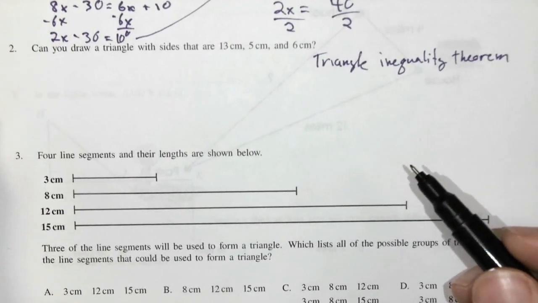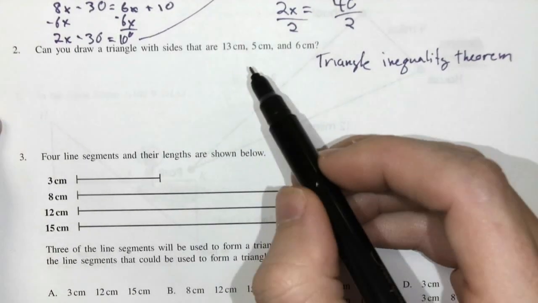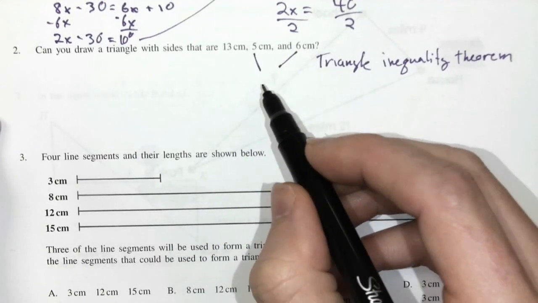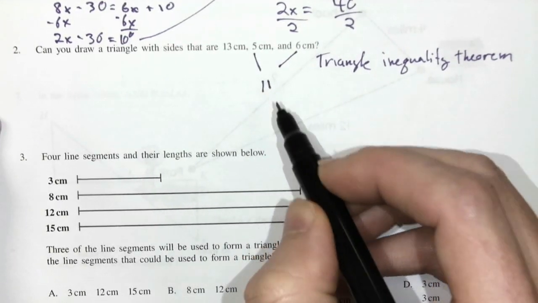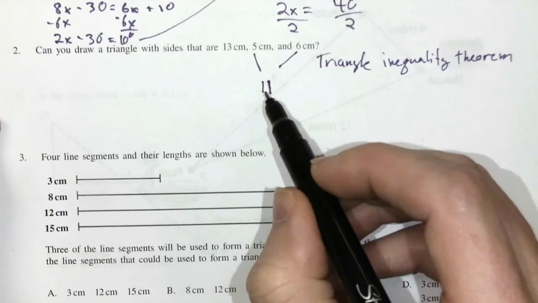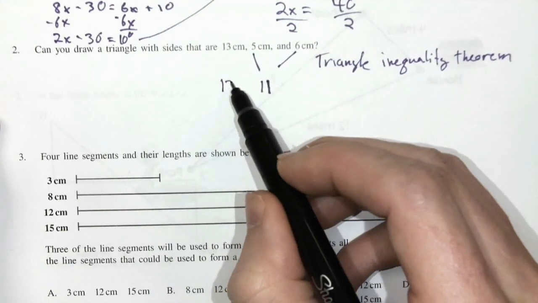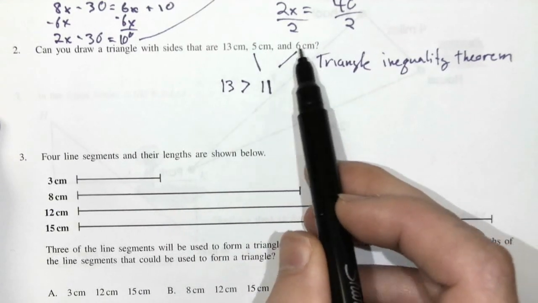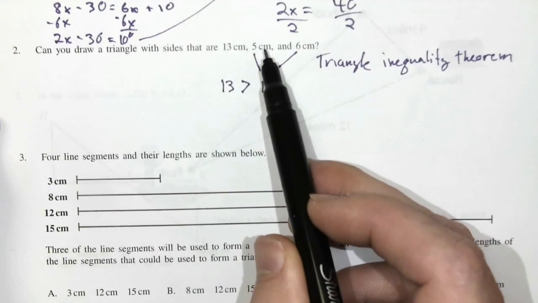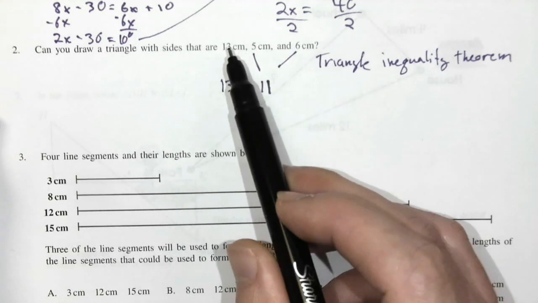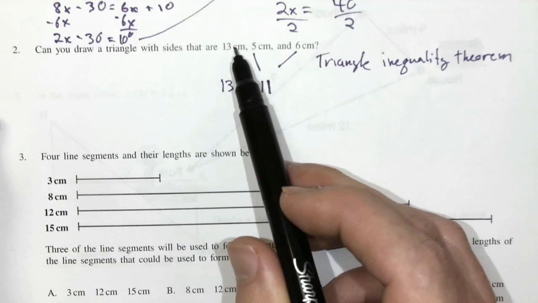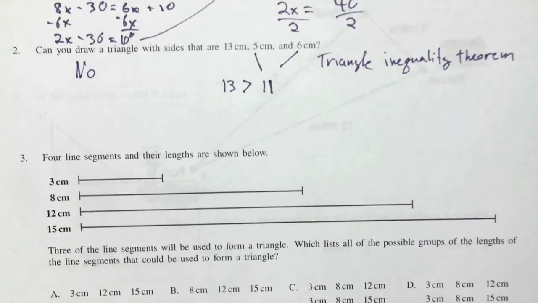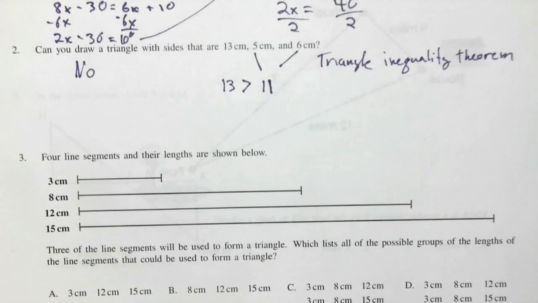So the two shortest sides in this one are 5 and 6. 5 plus 6 is 11. Is 11 greater than 13? No, 11 is less than 13. So the two shortest sides, 5 and 6, when I add them together, are smaller than the largest side, which means no, you cannot make a triangle out of this.